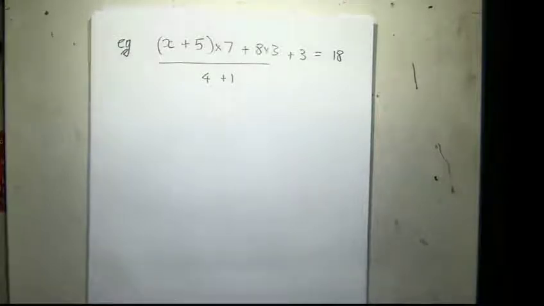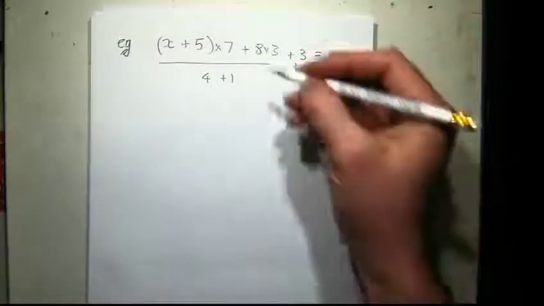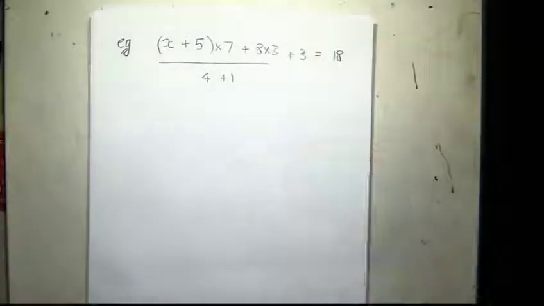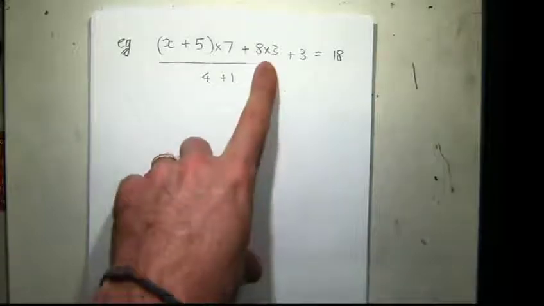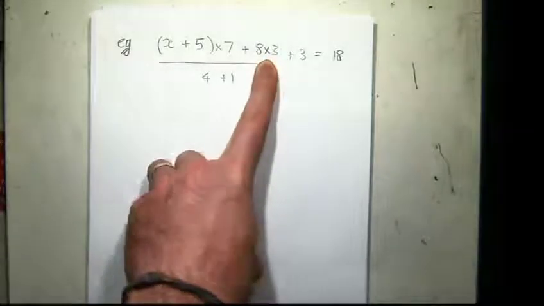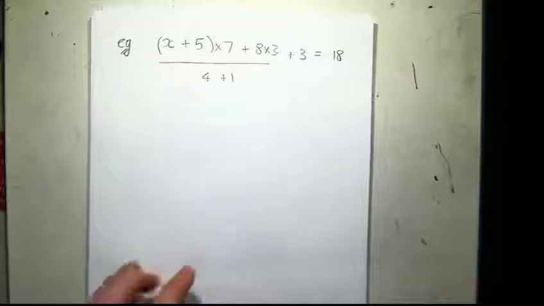Okay, this equation is slightly different because it has some extra symbols in it that aren't involved with the x. So the first thing I'm going to do is work out as much as I can. Okay, so look at this. The 8 times 3, I can figure out that. That's supposed to be done first. I can figure out what that is before I do anything else.